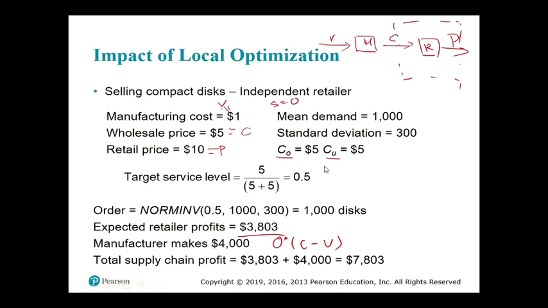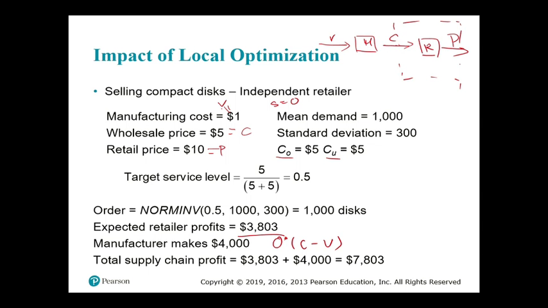So for the retailer, this cost is much higher, which means what? If he orders more, he's going to put a lot of money, and there will be loss due to overage.